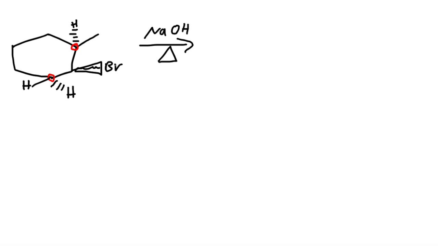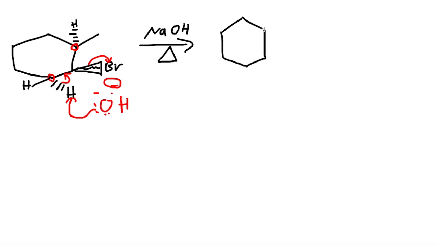The OH negative charge comes, and one of the lone pairs grabs that hydrogen. This hydrogen gives off its electrons to form a bond here. Now the leaving group leaves, gets kicked out. So our first product would be this: the methyl group, the leaving group is gone, and we have a double bond here.